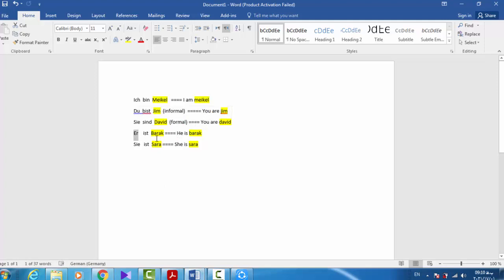And also for he, use the subject er, then ist and the name of the person. For example, Barak: er ist Barak. The equal sentence in English is he is Barak. And in another sentence, you see sie ist Zara, for example.